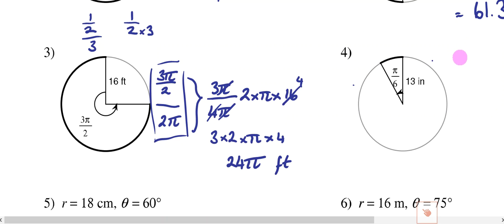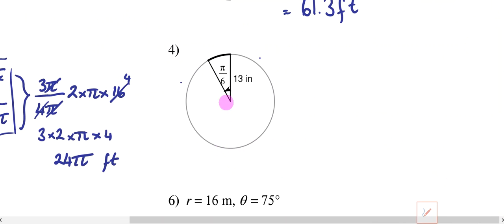Right, should we have a look at the other one then? So what do we write?